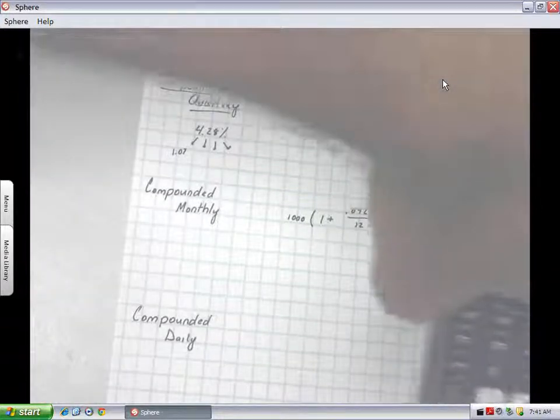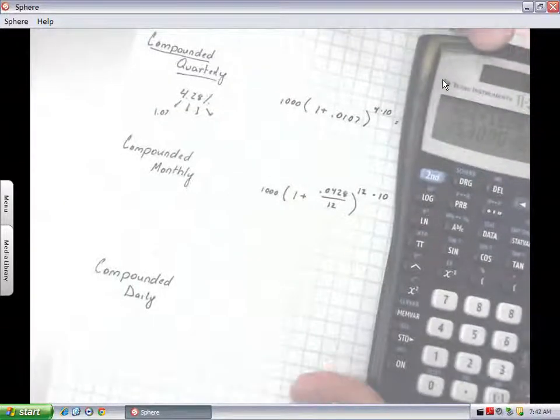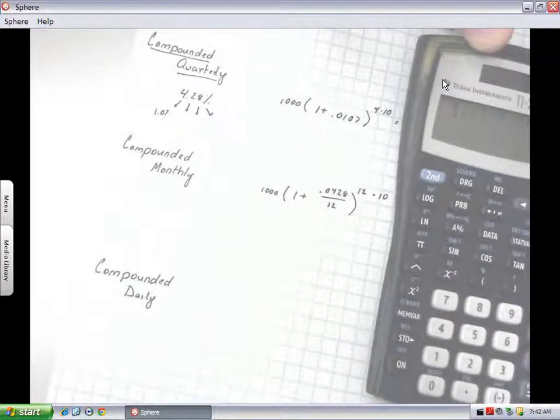So now again, using my calculator carefully, let's go back to the way I've been doing it, 1 plus 0.0428 over 12, raised to the 120 power times 1,000.